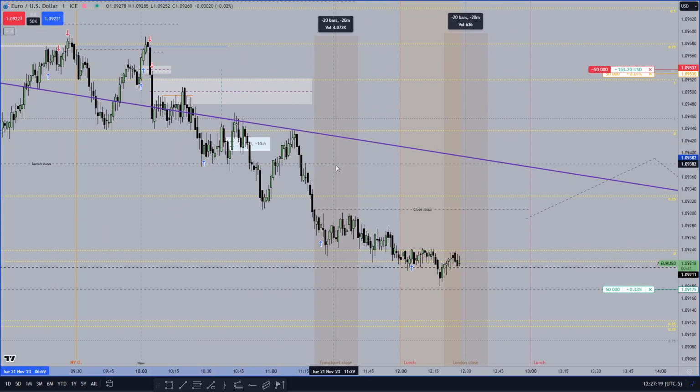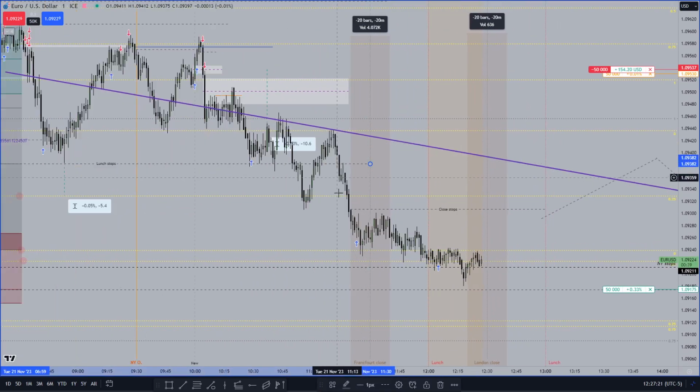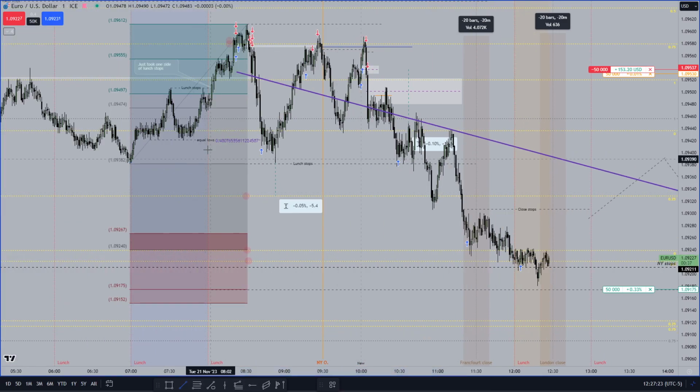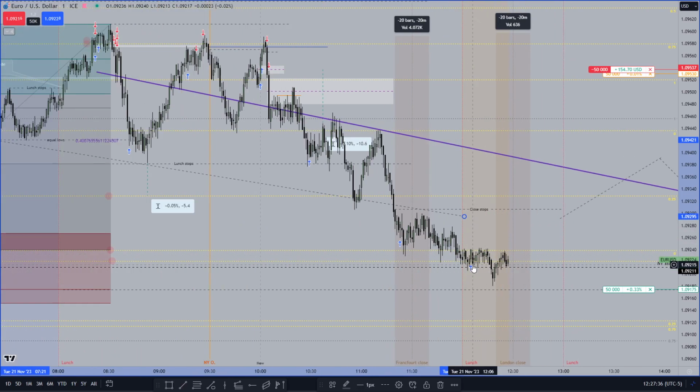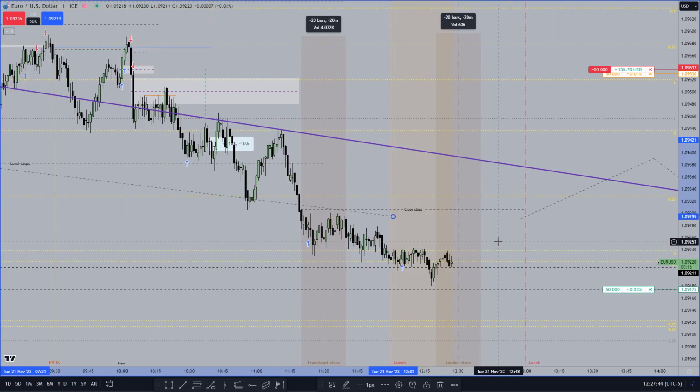So I was expecting it to break here, and I was also looking at a phantom trend line here. I was expecting this phantom trend line to be broken to the downside as an exhaustion signature on the London lunch, on the New York lunch, but this wasn't the case.